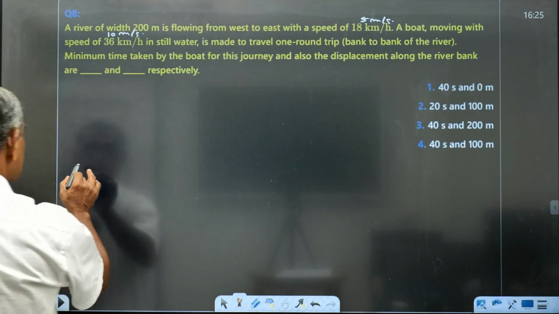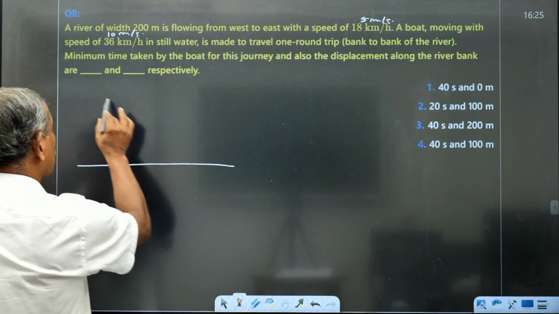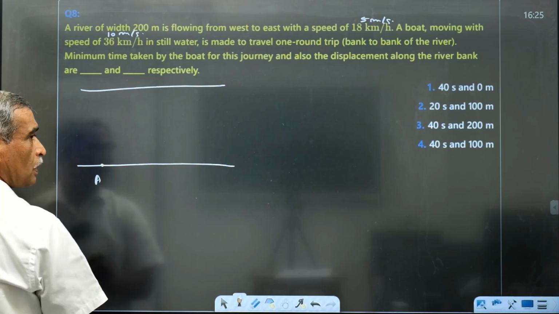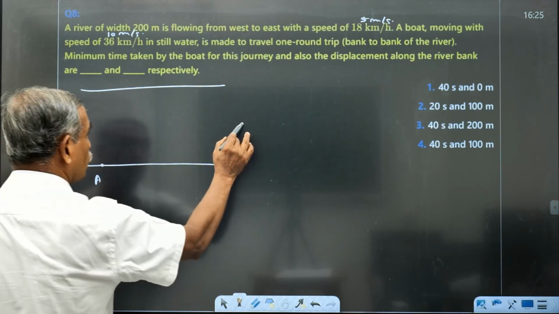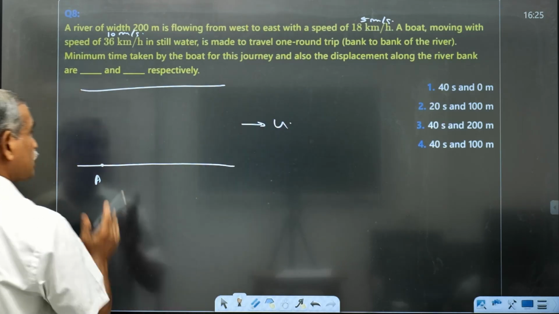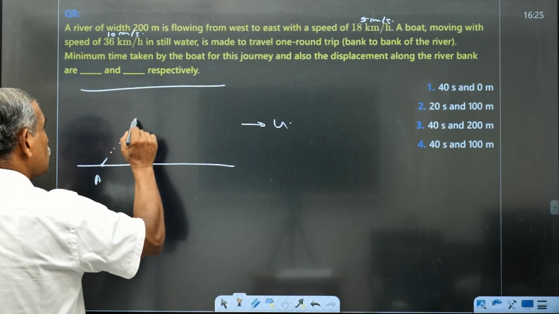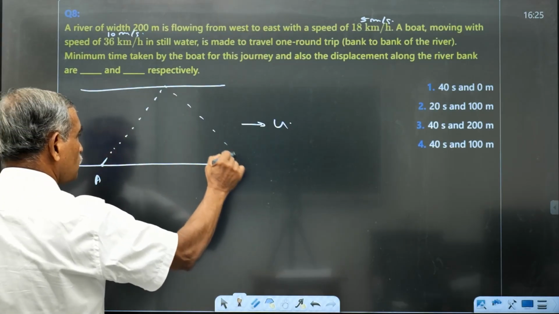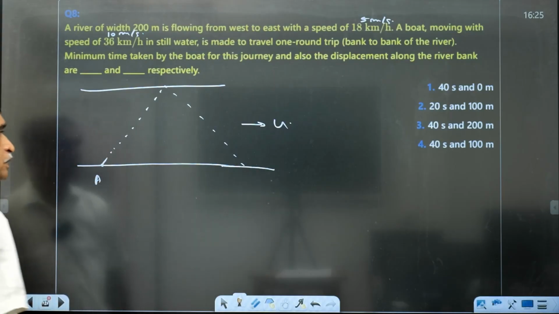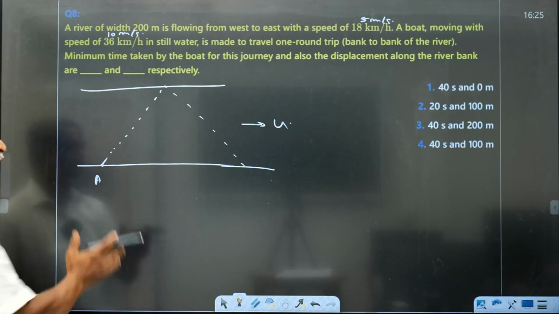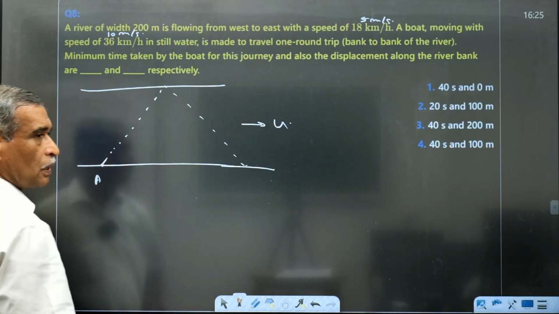Hence the actual path seen by you when he swims from here A, and this is the direction of flow of the river, he swims perpendicular to the flow, but the path will be like this. He always swims perpendicular to the flow, but due to the river velocity, he drifts and reaches here.